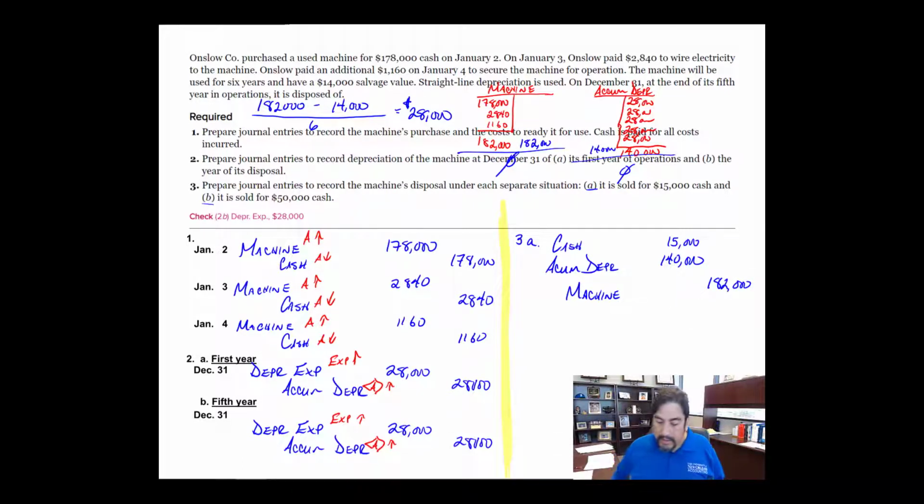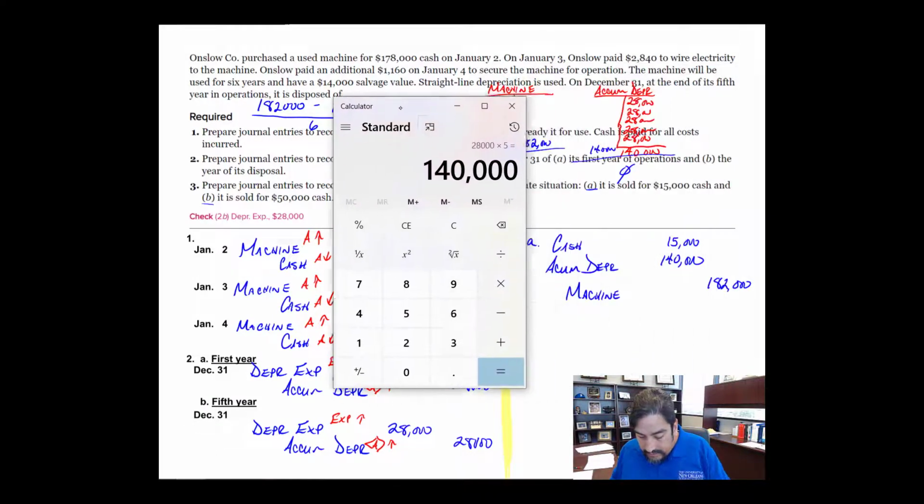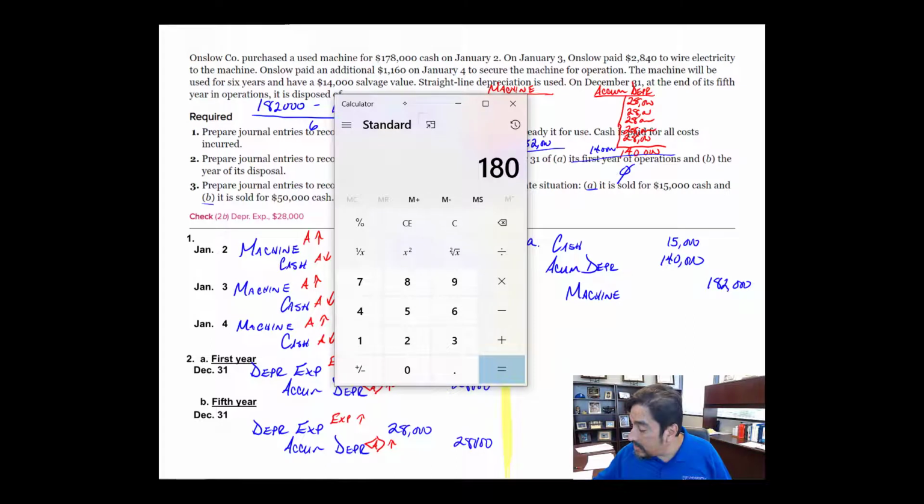So for the debits in this journal entry, we've got $165,000. And for the credits, we've got $182,000. So this is not in balance. What is the difference between 182 and what did I say? 165. Oh, 182 and 165. $17,000.